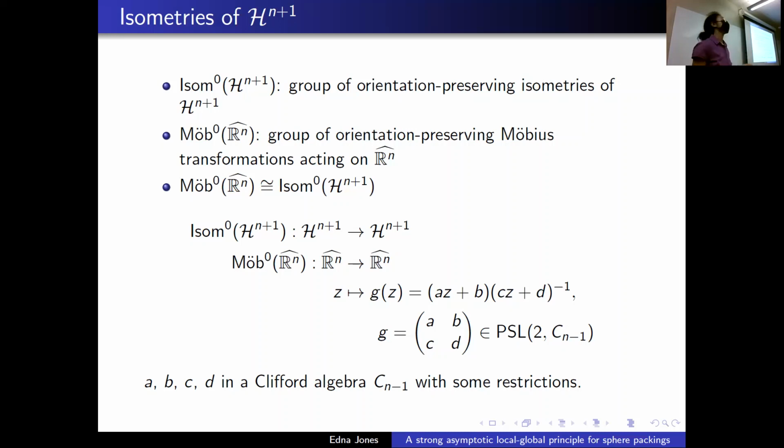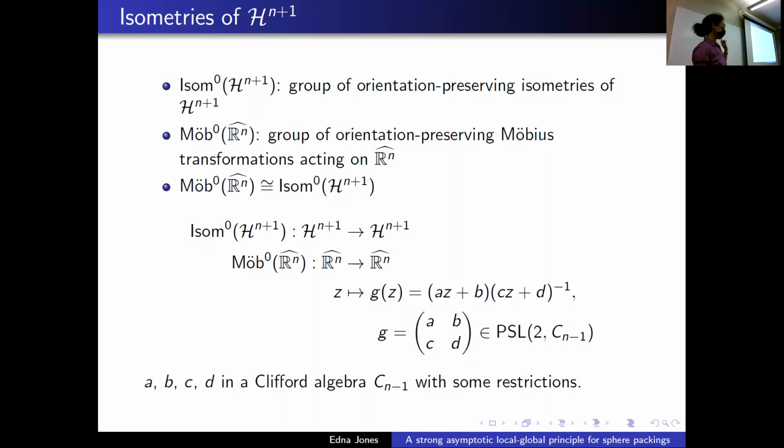In this case, a, b, c, and d are all in a Clifford algebra with some restrictions, and a, b, c, d are entries in PSL2 of this Clifford algebra. If I take n equals 3, is that the Clifford algebra?